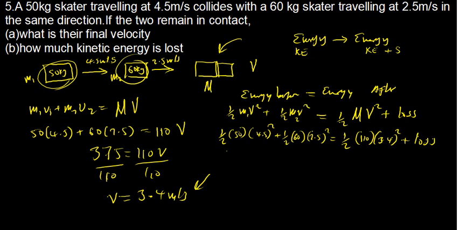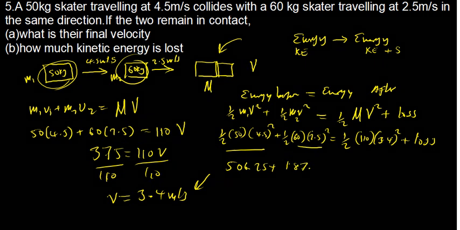Working out half multiplied by 50 multiplied by 4.5 squared, we get 506.25. Half multiplied by 60 multiplied by 2.5 squared, we get 187.5.